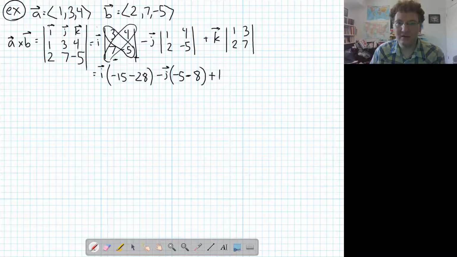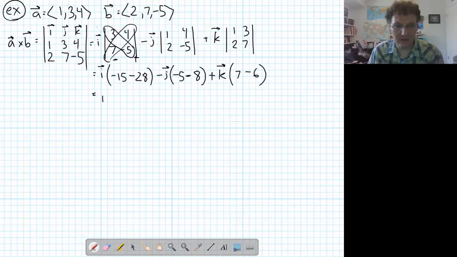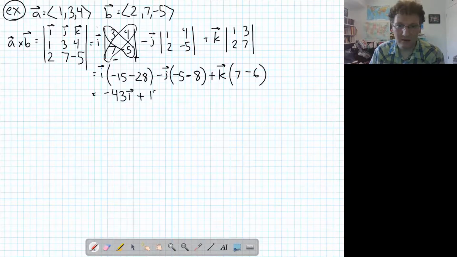Now we have plus k, so 1 times 7 is 7, minus 3 times 2 is 6. So minus 15 minus 28 gives us minus 43i, and then we have minus 5 minus 8, that's minus 13, times minus is plus 13j. Now we have 7 minus 6 is 1, so it's going to be plus k.